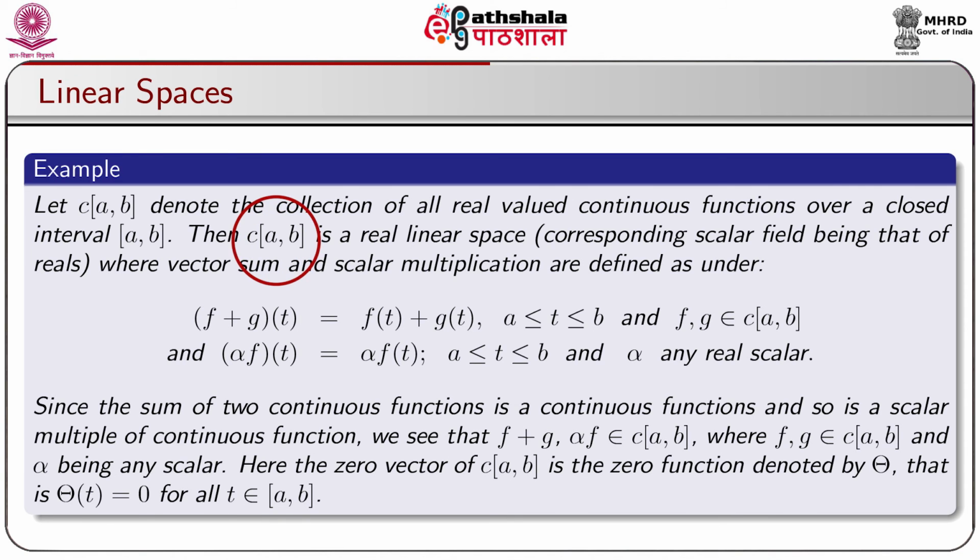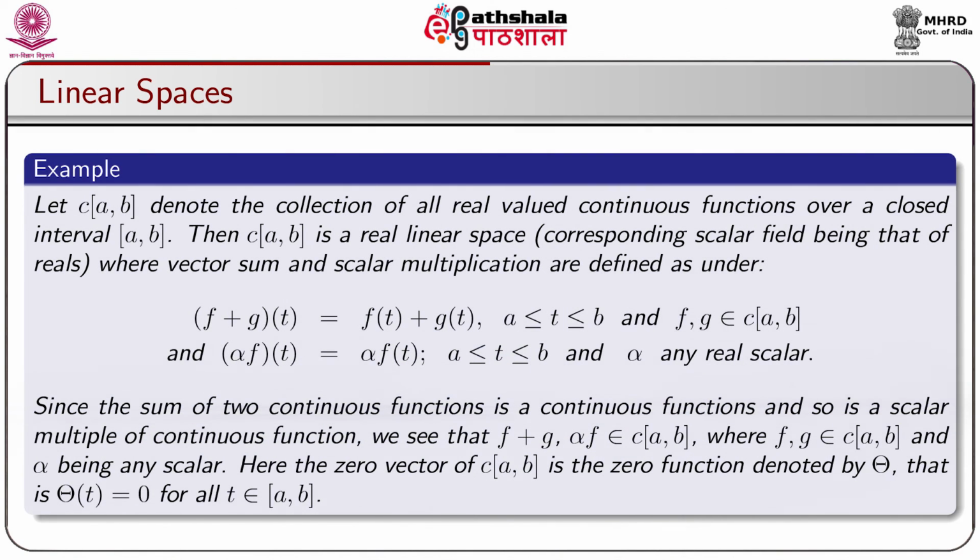Then C[a,b] is a real linear space, the corresponding scalar field being that of reals, where vector sum and scalar multiplication are defined as follows: (f + g)(t) = f(t) + g(t), a ≤ t ≤ b, and f and g are taken from C[a,b], and (alpha f)(t) = alpha f(t), where a ≤ t ≤ b, and alpha is any real scalar, and f is taken from C[a,b].